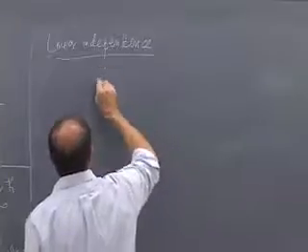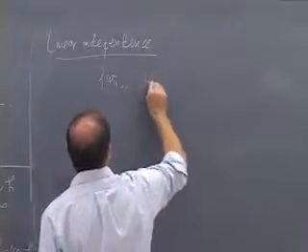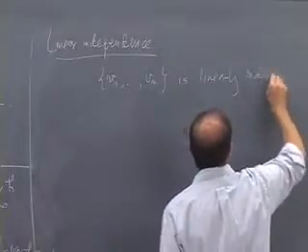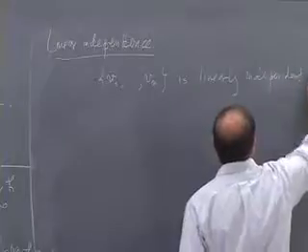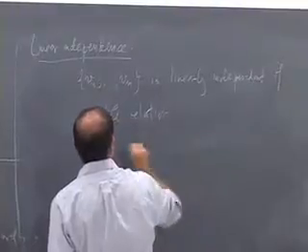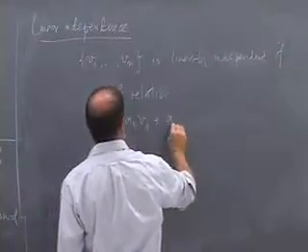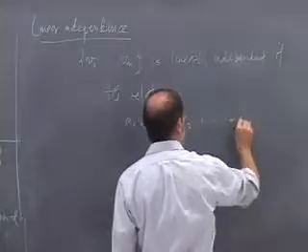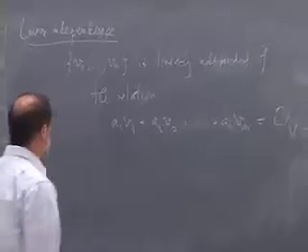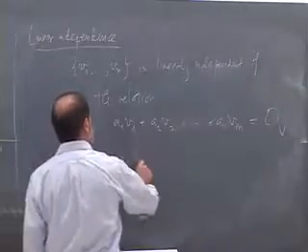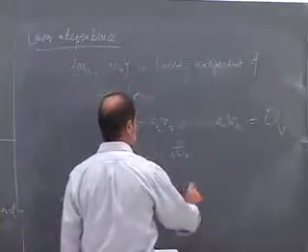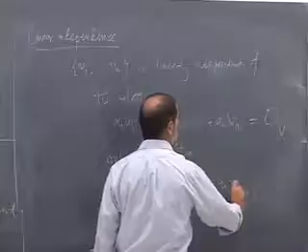You say a set of vectors v1, ..., vn is linearly independent if the relation a1 v1 plus a2 v2 plus ... plus an vn equals the 0 vector only holds when a1 equals a2 equals ... equals an are all the 0 scalar.